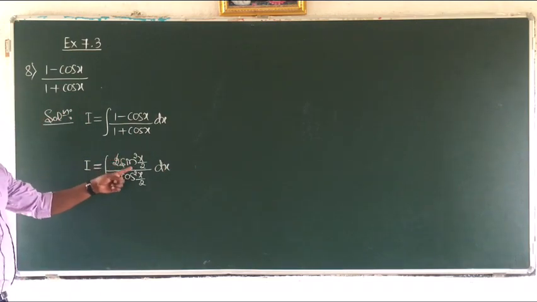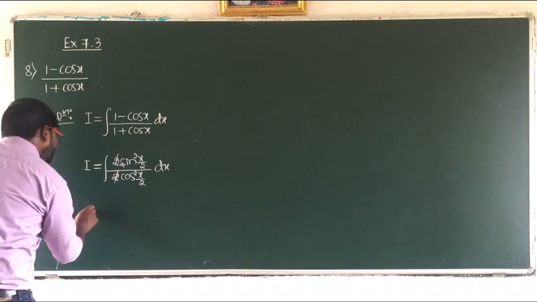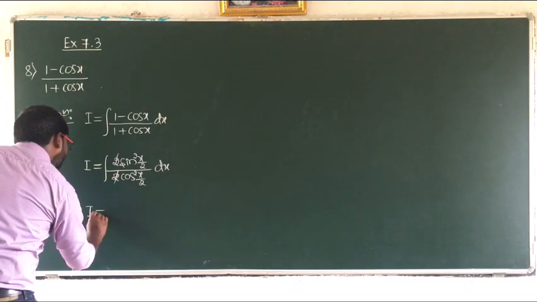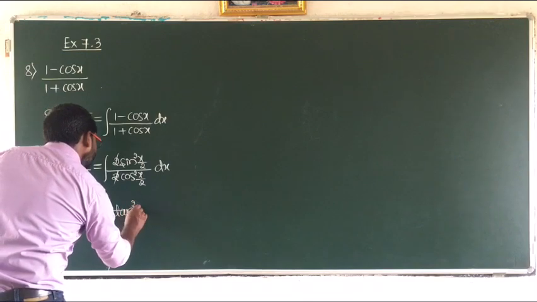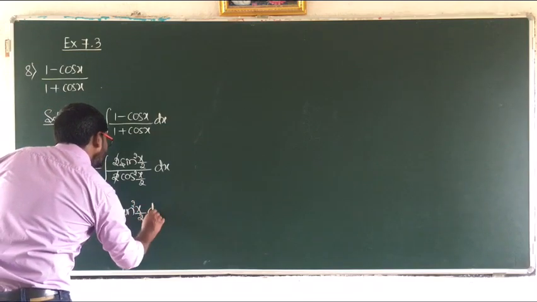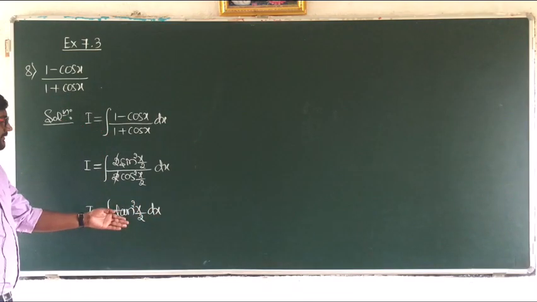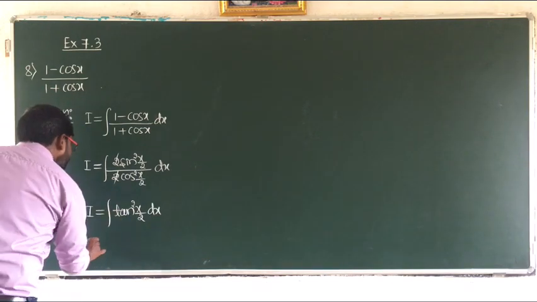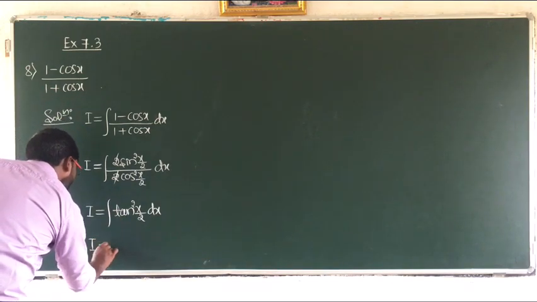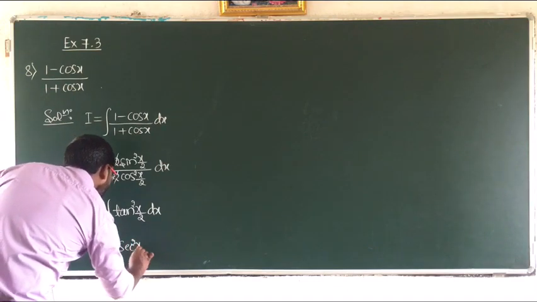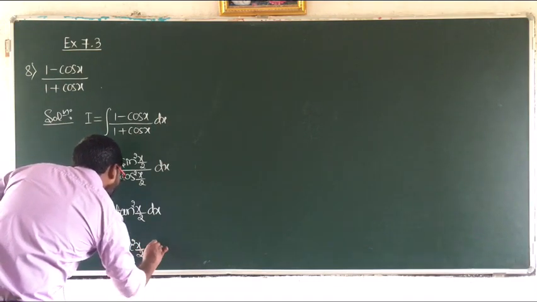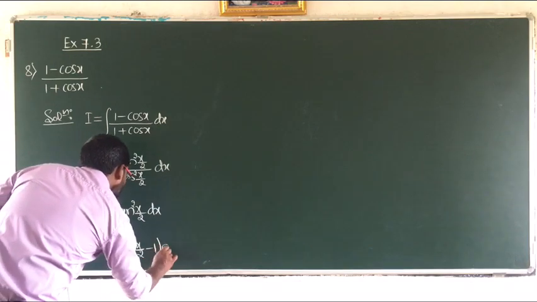Sin square x by 2 divided by cos square x by 2 will be tan square x by 2 dx. So what is tan square x by 2 now? It is secant square x by 2 minus 1, integral secant square x by 2 minus 1 dx.